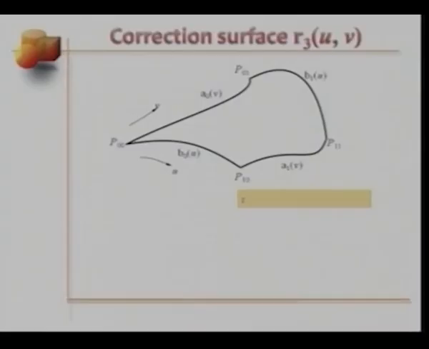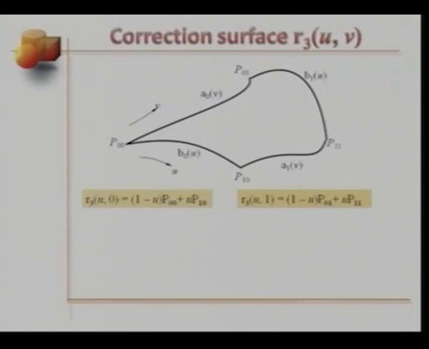Okay, so where are we heading? Let's copy the two results from before, one corresponding to R3 of (U,1), which is equal to 1 minus U times P01 plus U times P11, and the second corresponding to R3(U,0), which is equal to 1 minus U times P00 plus U times P10. What can we do with these two results?